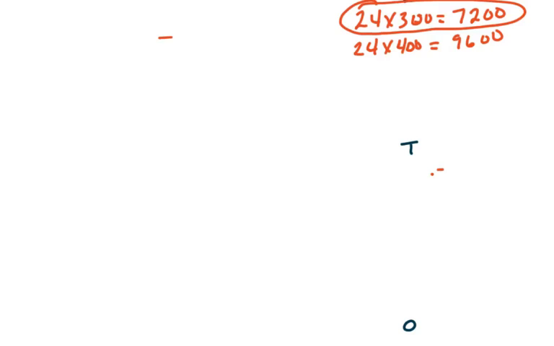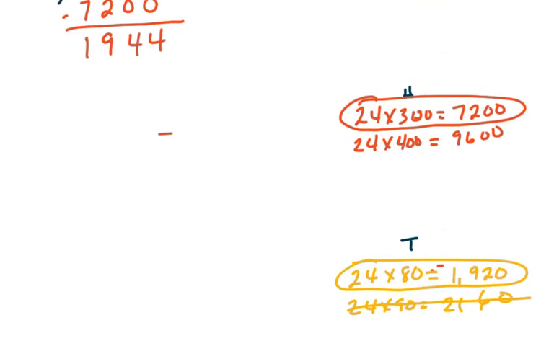So now we're going to go to our tens place. Change my color. So here we're going to go to 24 times 80. So 24 times 80 is 1,920. We can still try 24 times 90 just to make sure. And so that's 2,160. Too great. Circle 80.